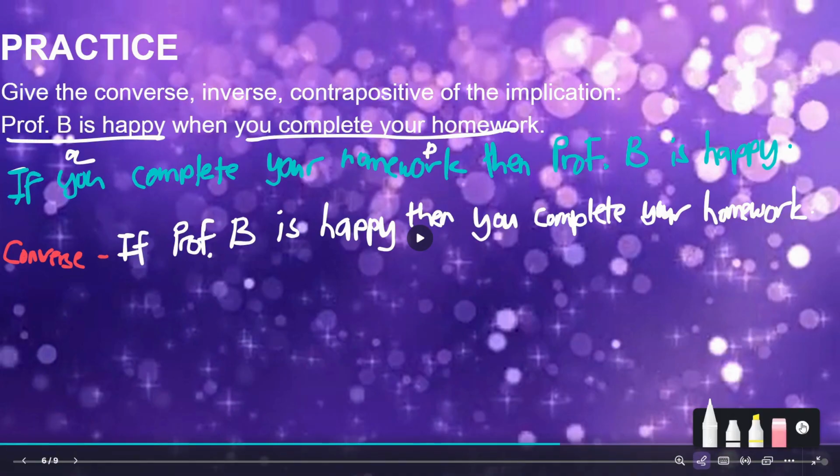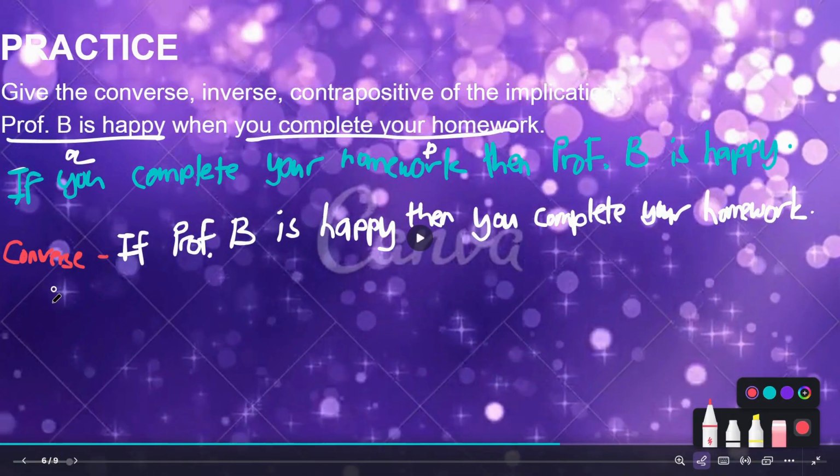Okay, the next one, inverse. Inverse means if not P, then not Q. So we need to negate to change to the inverse.